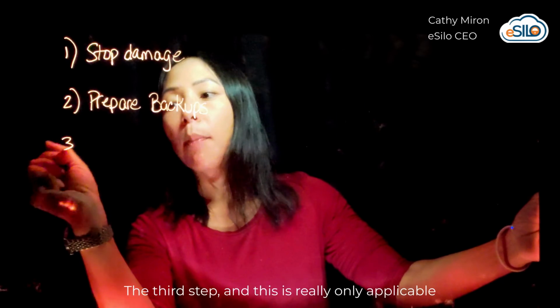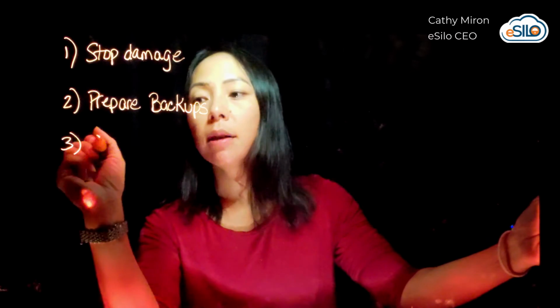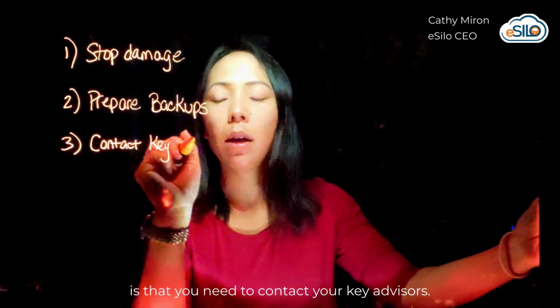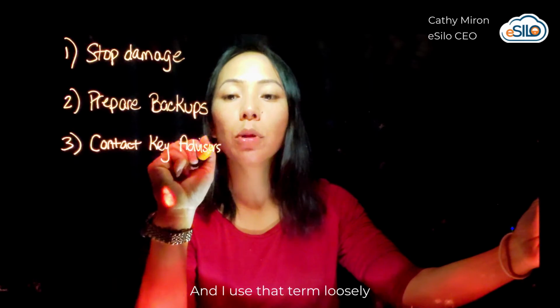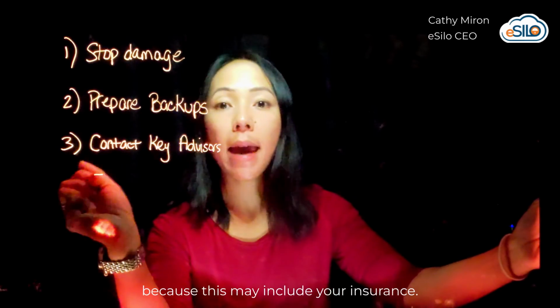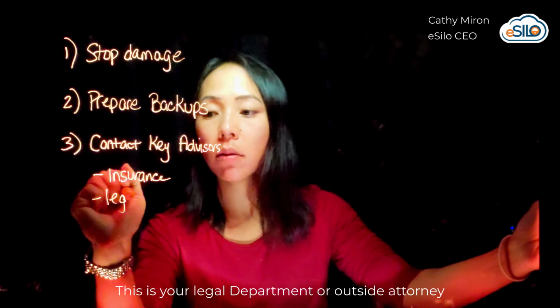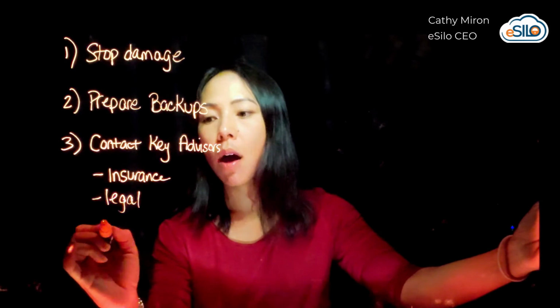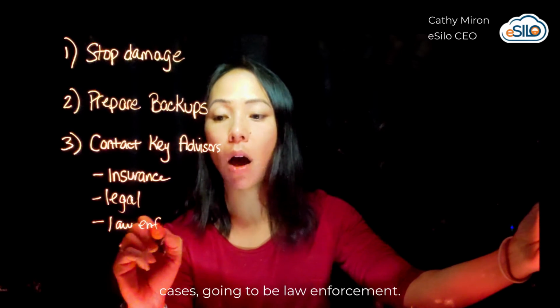The third step, and this is really only applicable to you in the event of a cyber attack, is that you need to contact your key advisors. I use that term loosely because this may include your insurance. This is your legal department or outside attorney if you don't have one in-house. And this is also, in many cases, going to be law enforcement.